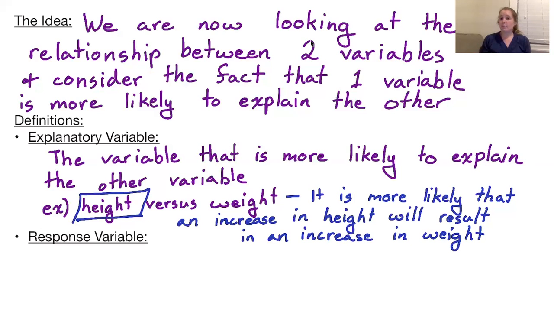The response variable is the variable that is more likely to be the result. Right? So the variable that is more likely to be influenced by the other.